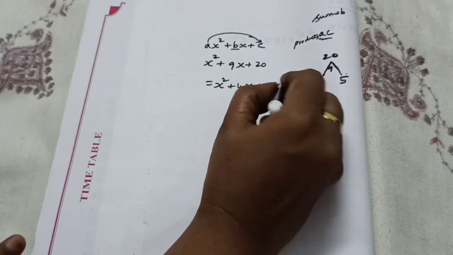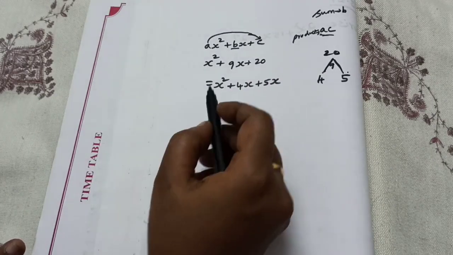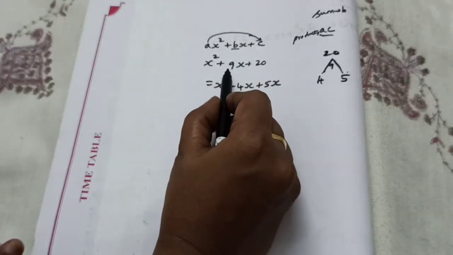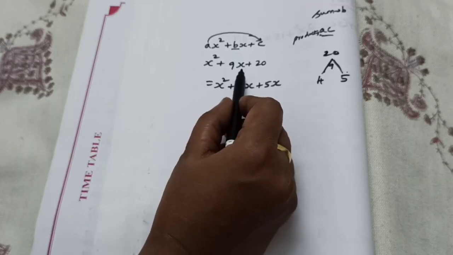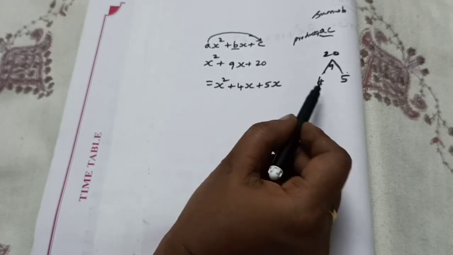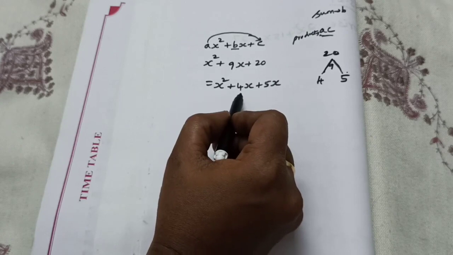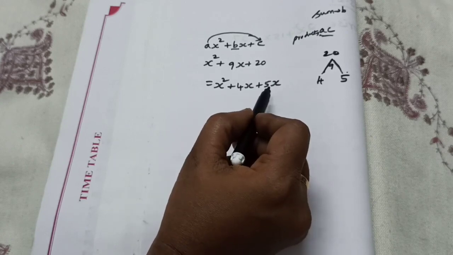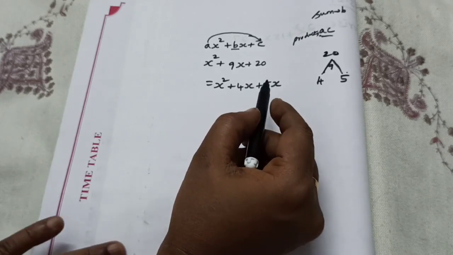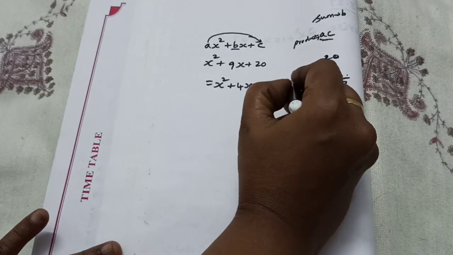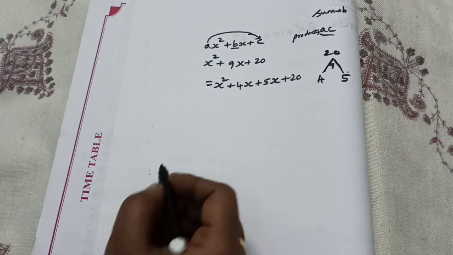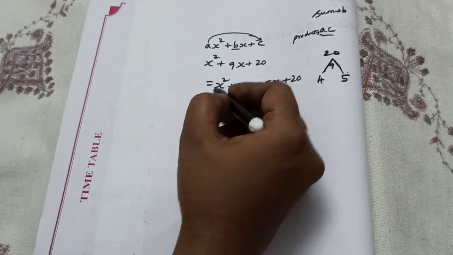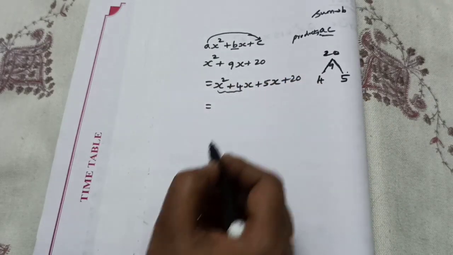Correct? This model, like this only, we have to do. Then in the factorization method, this 9x we wrote as 4x and 5x, and afterwards write this 20. Any doubt? Then after here, first two terms we should take.